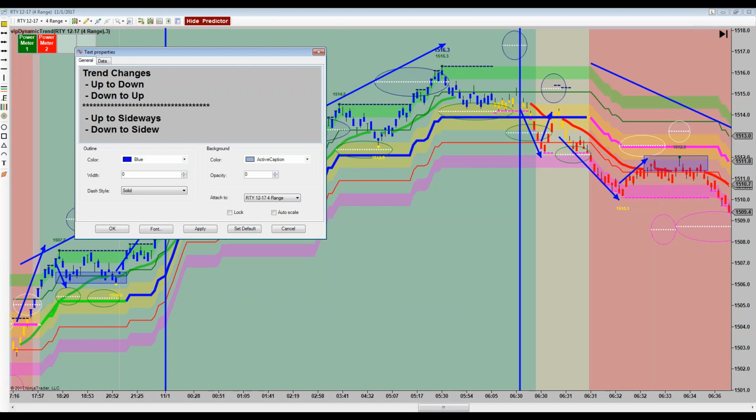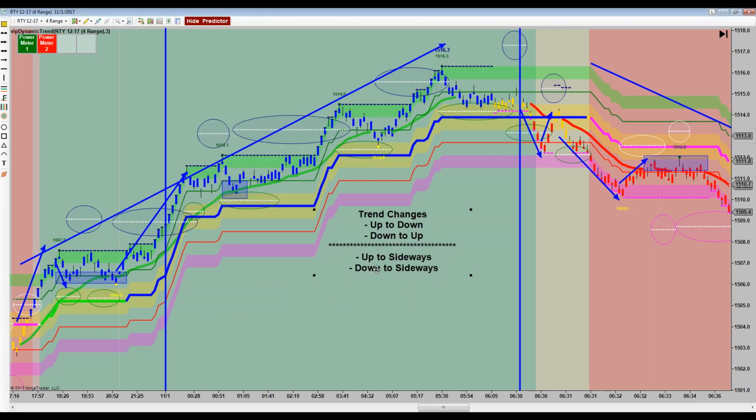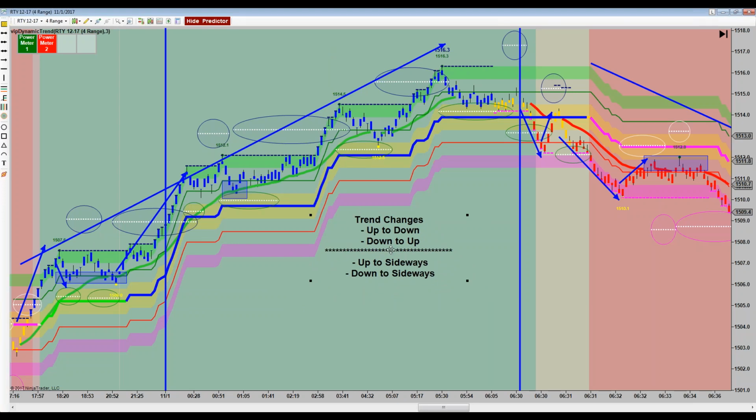So in actuality, there are four conditions when we talk about trend changes: up to down, down to up, and of course up and down to sideways. Four possible transitional conditions. Now, why do we care about that? Who cares? What difference does it make?